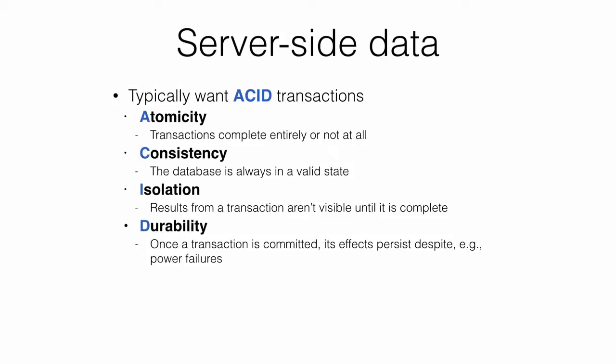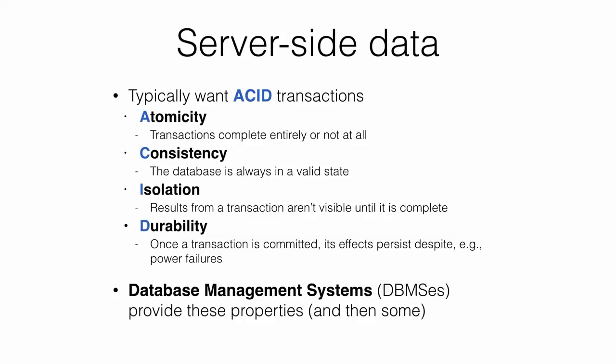Once a transaction is committed, it should be persistent, durable. Even if there's a power failure or some other sort of failure, the effects of that transaction should persist. Now, achieving ACID transactions is no easy feat. Fortunately, the research community and industry have done a great job over the last 3 or 4 decades putting together systems called database management systems, or DBMSs, for managing data and supporting transactions on that data that provide the ACID properties.